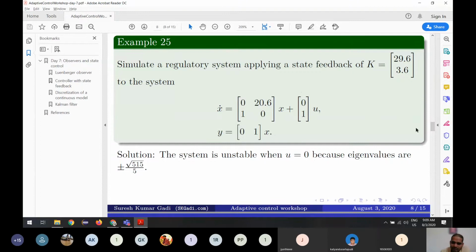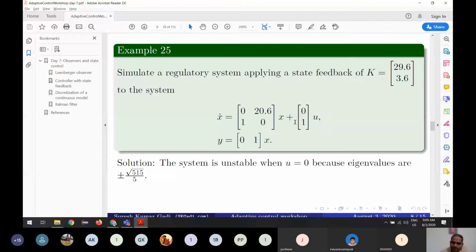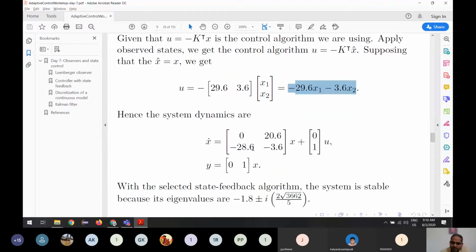This part will be the same as this part. So we have 29.6 times X1, 29.6 times X1. So X1 is 1 now in the second row. If you remove 1 from the 29.6, we get minus 28.6. And here it was 0. If you subtract, we get minus 3.6.